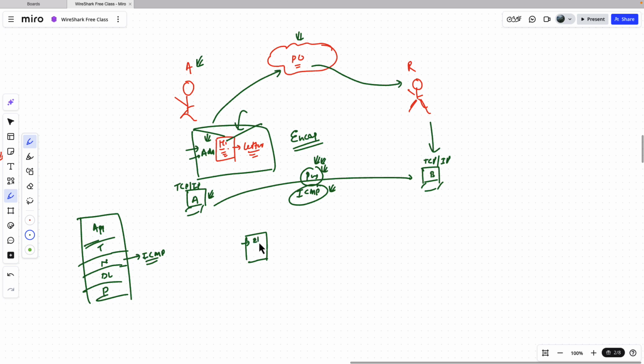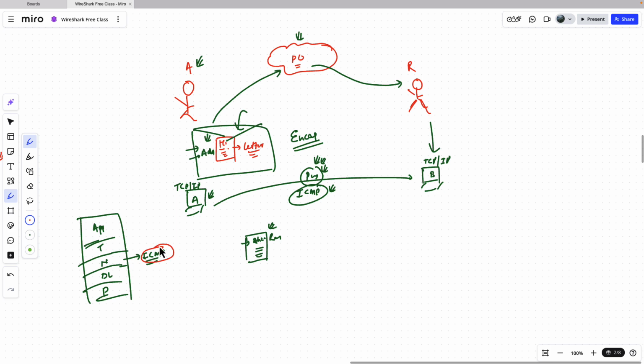The letter name is echo request message, right? And then it is going to put some data here. As simple as that. But as in real life, this letter cannot go on its own. So what is computer A's TCP/IP model going to do? It will take the help of the network layer.